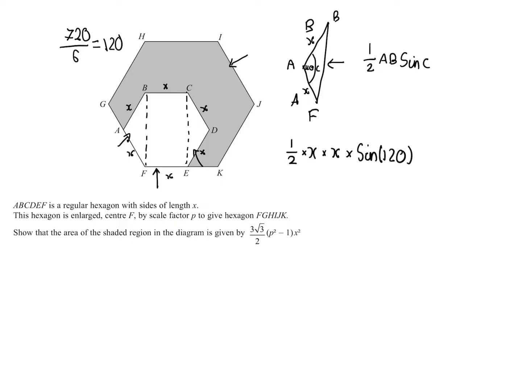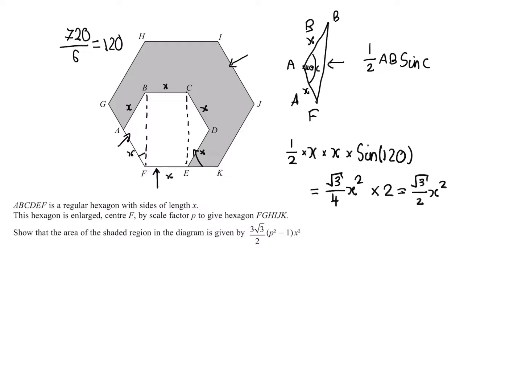And sine of 120 is just root 3 over 2. So we're going to get the area of this triangle as equal to root 3 over 2 multiplied by a half, so root 3 over 4, then x squared. But we want both those triangles' area, so we just double this to get both the triangles. That is root 3 over 2 x squared.